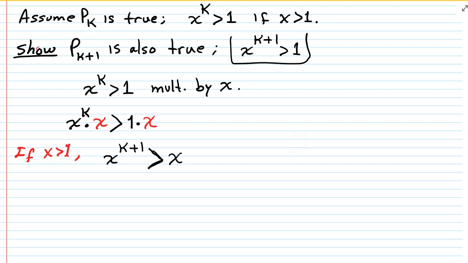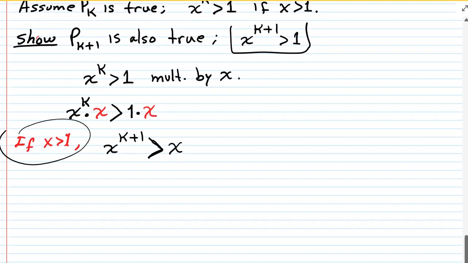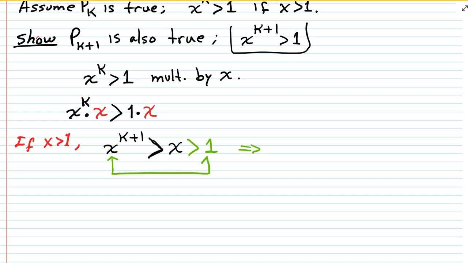But then we were told x is bigger than 1, according to the hypothesis of the original statement. That was a given. Putting these two together, we just showed that x to the k plus 1 is greater than 1. And there you go. Therefore, the statement is true.